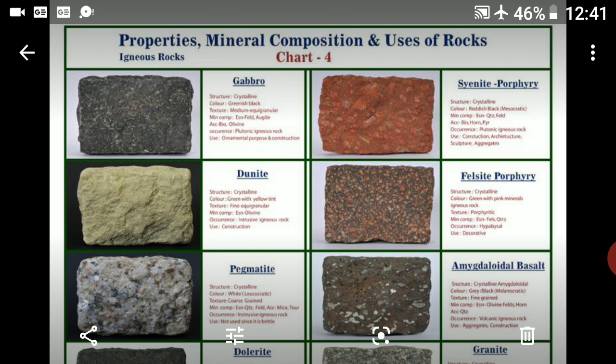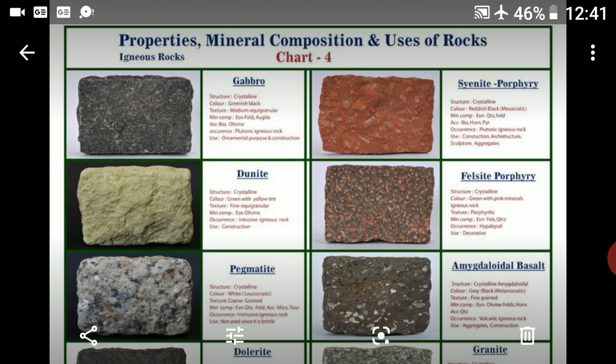Essential minerals means these will always be present in this rock: feldspar and augite. Accessory means biotite and olivine. Sometimes there may be a variation in composition. Sometimes there may be a chance of absence of any one mineral, either biotite or olivine.